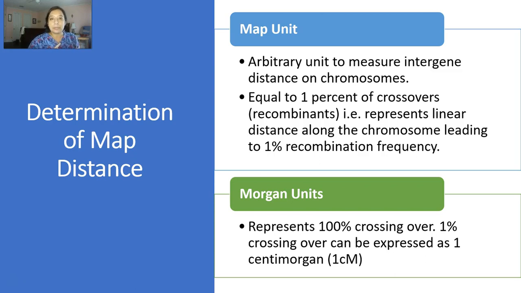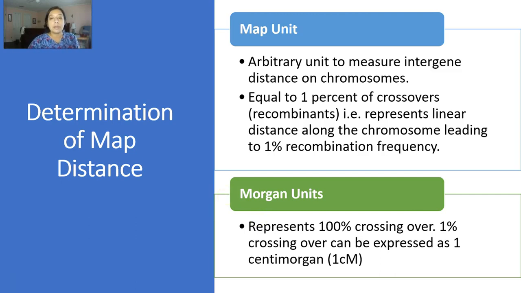So a map unit is 1% of crossover, which means 1% recombination frequency. It represents linear distance on our chromosome, leading to 1% recombination frequency. And a morgan unit represents 100% crossover.